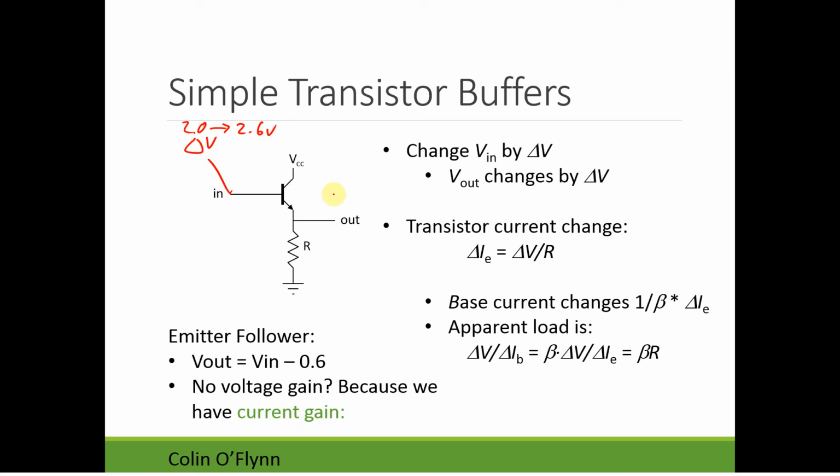So the output could go from 1.4 to 2.0 volts. So we've maintained that 0.6 volt delta. And for a lot of sensors, the delta is all you really care about, so that's fine anyway.